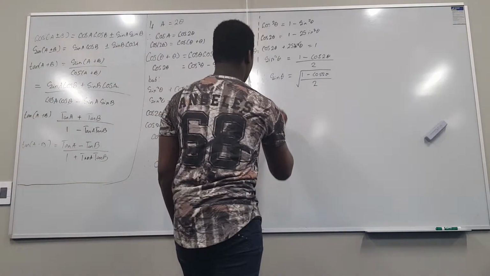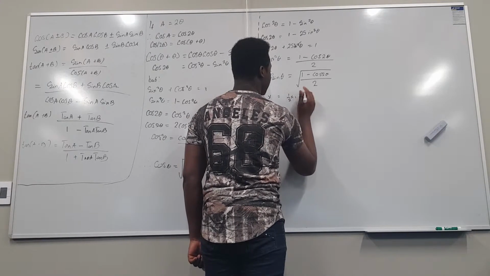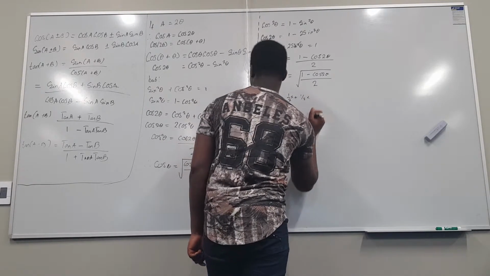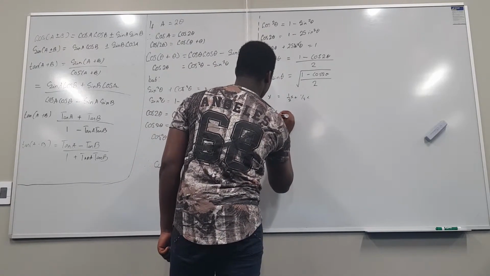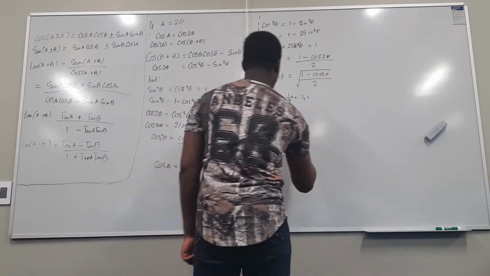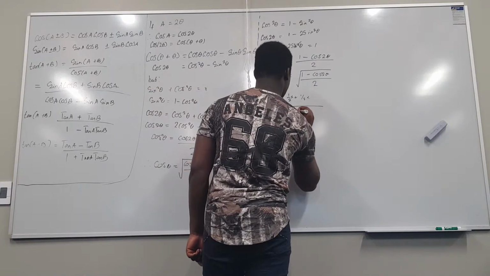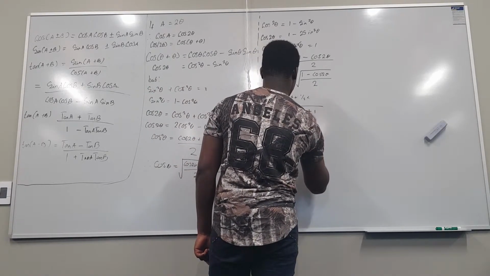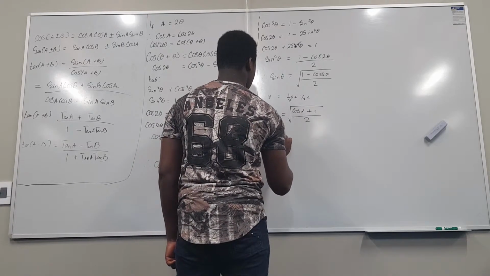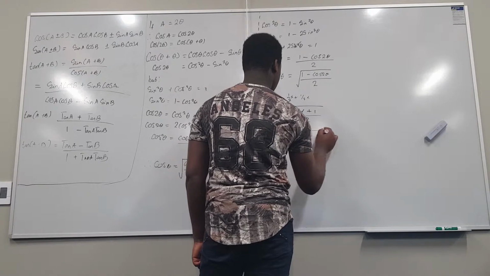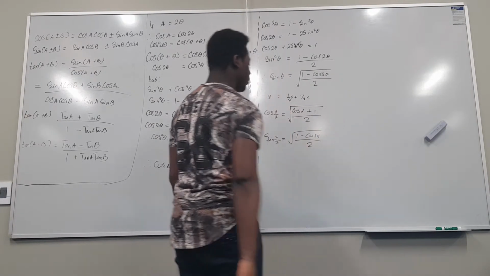So if I have x is equal to half of x plus half of x, you'll see that cos of x divided by 2 is equal to the square root of cos x plus 1 divided by 2, and sine of x divided by 2 is equal to the square root of 1 minus cos x divided by 2.